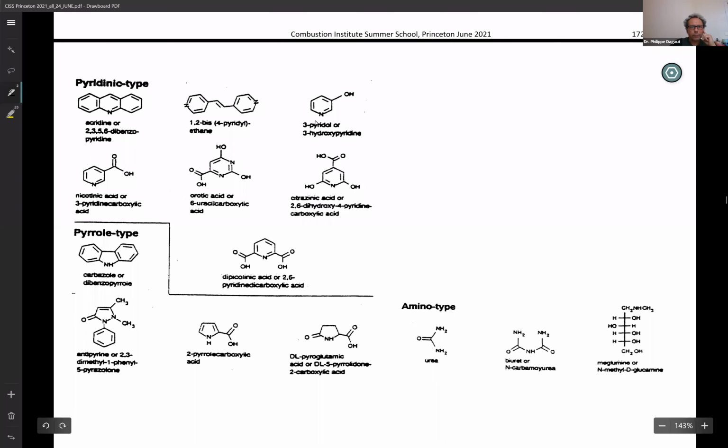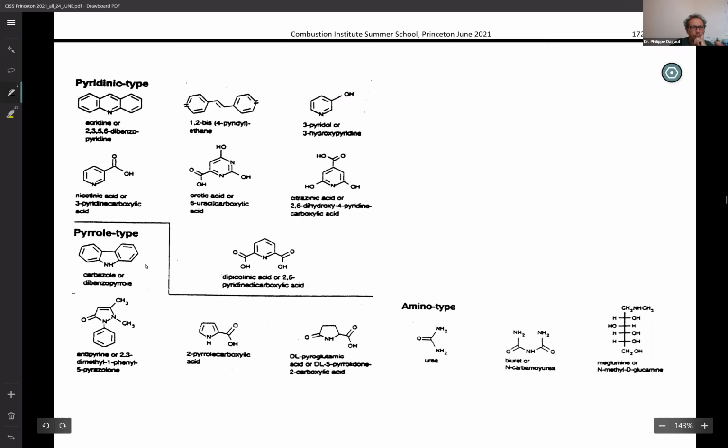There can be also an aromatic ring with some substituent like OH, COH, and this other structure with OH and also the carboxylic acid here, or two carboxylic acid functions.